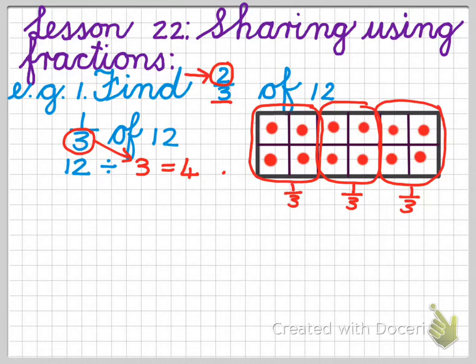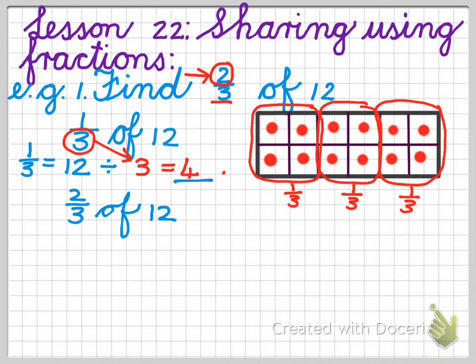So now we say, okay, 2/3 then of 12. We're going to use our 1/3 first of all. The answer to the 1/3 was equal to 12 divided by 3, and the answer was 4.